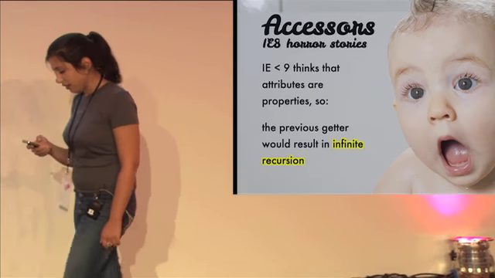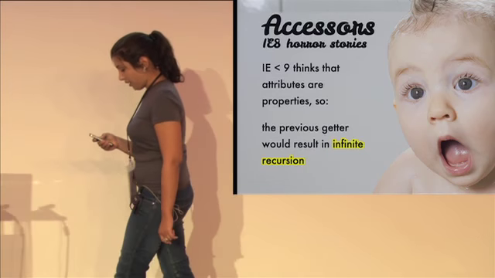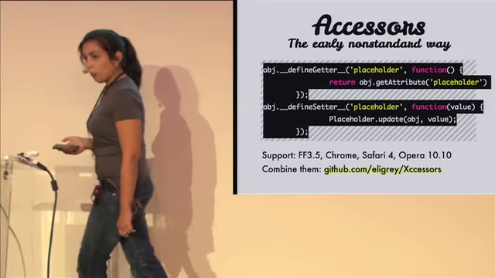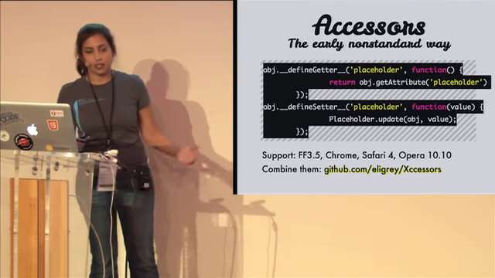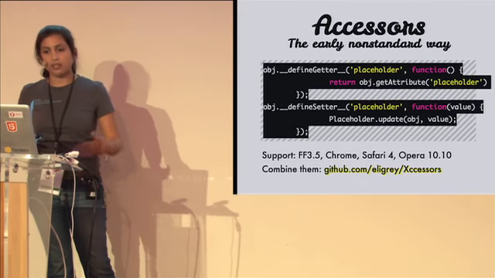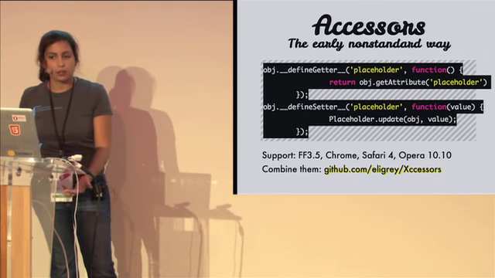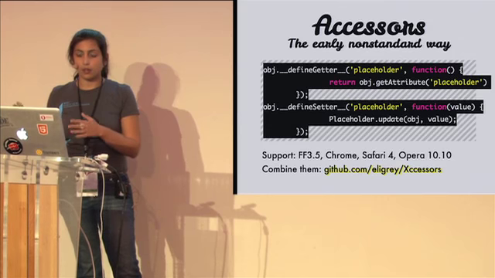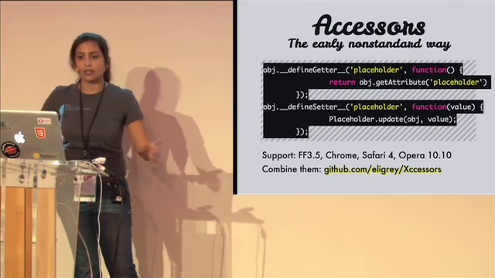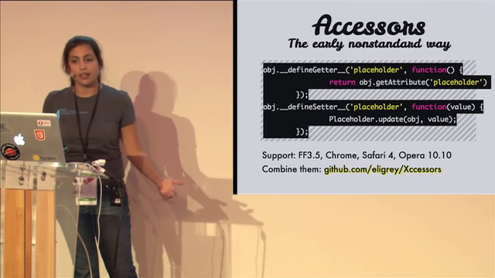So essentially, let's remember the case I showed before. When somebody tries to read the placeholder property, we call getAttribute and we return the attribute. But what if the placeholder attribute is essentially the same as the placeholder property, like what old IE thinks?